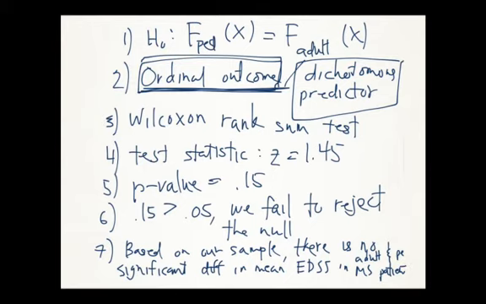Okay, so just a few things to remember. So that based on our sample, we failed to reject, so that's kind of good to put. And then there's no significant difference in mean EDSS, okay?